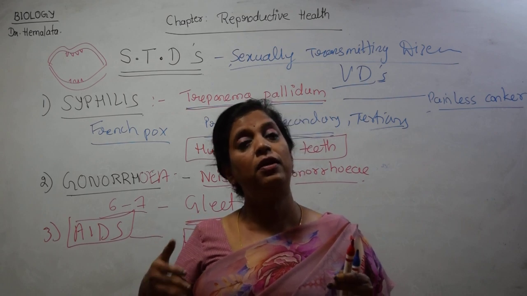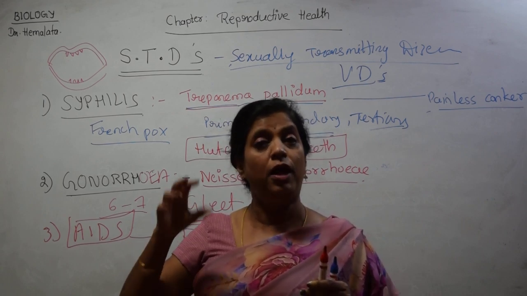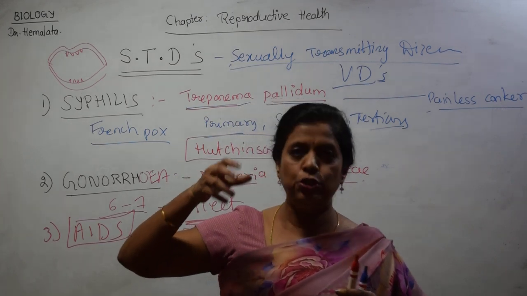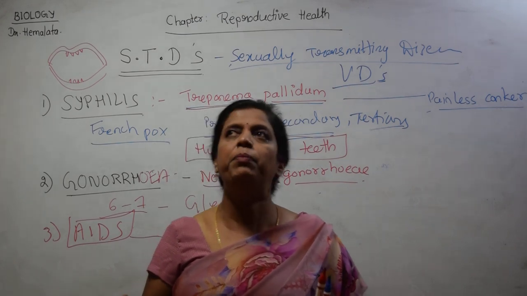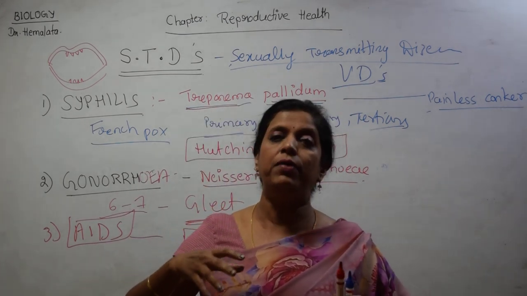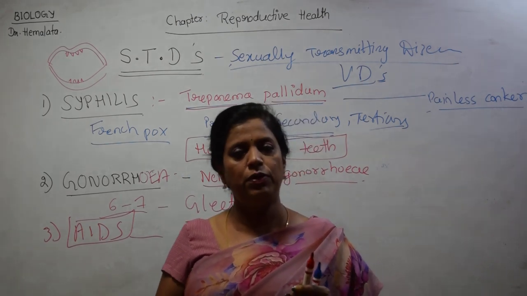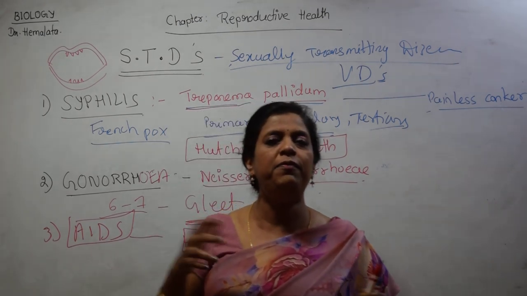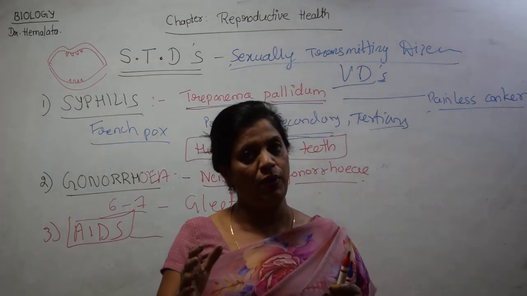The virus affects your lymphocytes, the T lymphocytes, mainly the helper T cells, which help in the production of antibodies against other diseases. If a pathogen enters your body, our lymphocytes will recognize it and produce antibodies. That is the B lymphocytes, which are helped by T lymphocytes called helper T cells. The virus affects the helper T cells only.